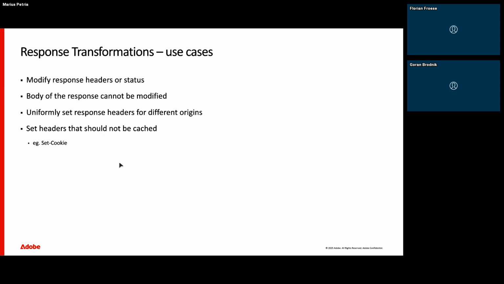Response transformations are the last thing that are executed. You can modify response headers and status, and they are very useful if you want to set response headers for blobs, because that's a tricky part in AEM Cloud Service.